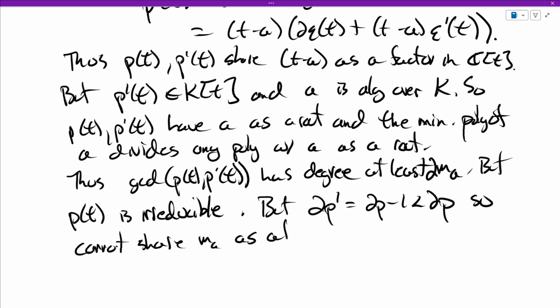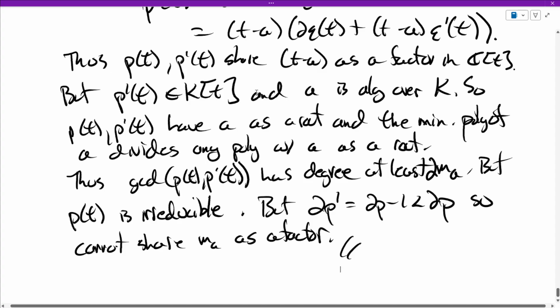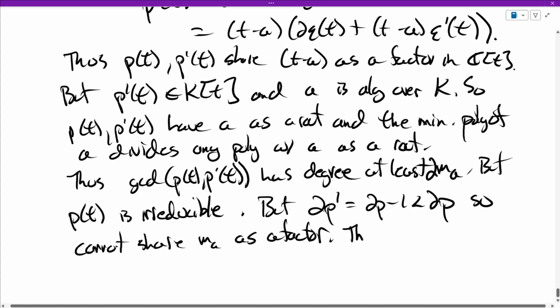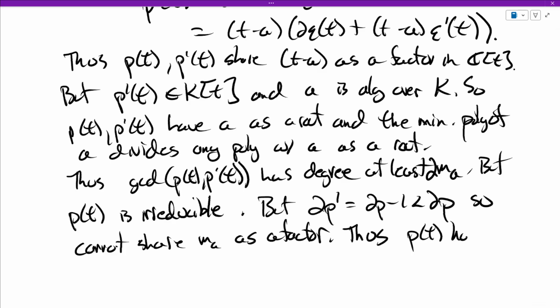Sorry, this isn't written all that well, but the idea is here. Oh, I didn't write my contradiction. What would we contradict? P has no multiple zeros.